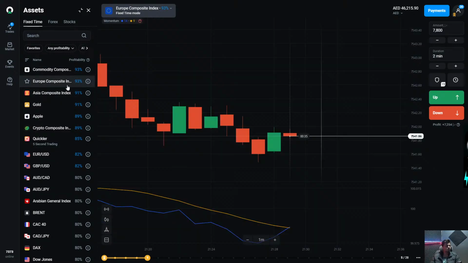Check the Euro Composite Index. It is going very well again in the upward direction.